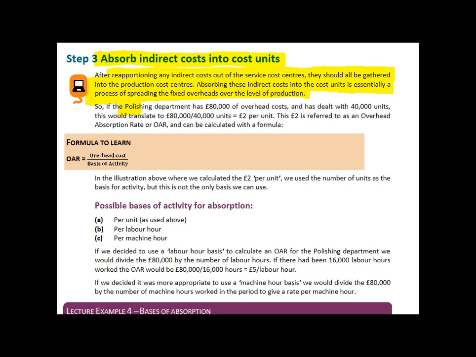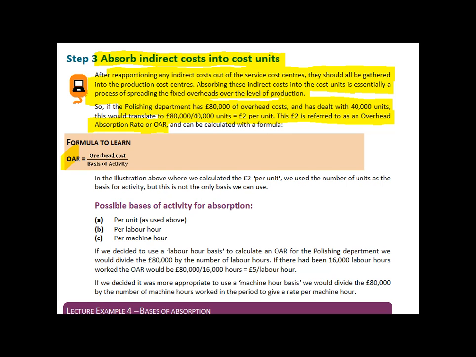So for instance, if the polishing department had £80,000 of overhead costs and has dealt with 40,000 units in the period, well, if I spread £80,000 over 40,000 units, that's £2 per unit. That £2 per unit would be what I might put into the cost card. In fact, this £2 per unit is what's often referred to as an overhead absorption rate, because it's the rate at which each unit is absorbing elements of overhead, sometimes abbreviated to an OAR.